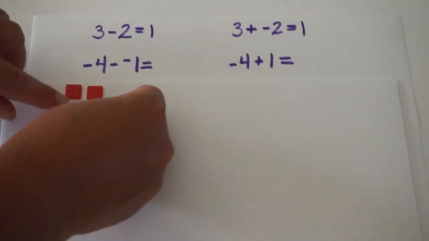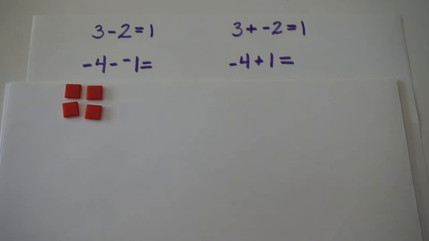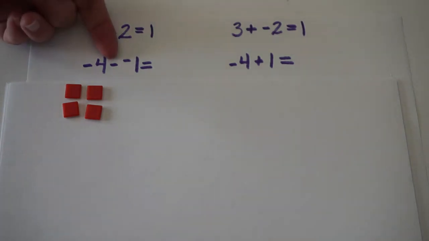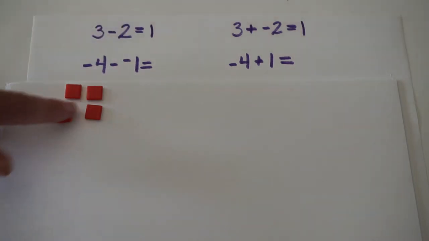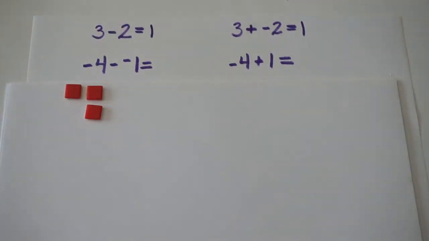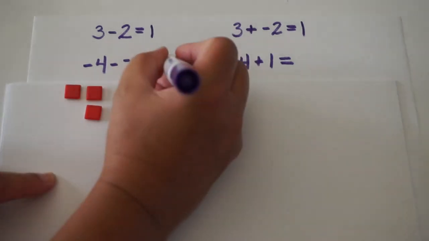So there is my negative 4. And this is takeaway. This is subtraction. We're going to take away one of the negatives. We're going to take away a negative 1. There we go. We're left with negative 3.